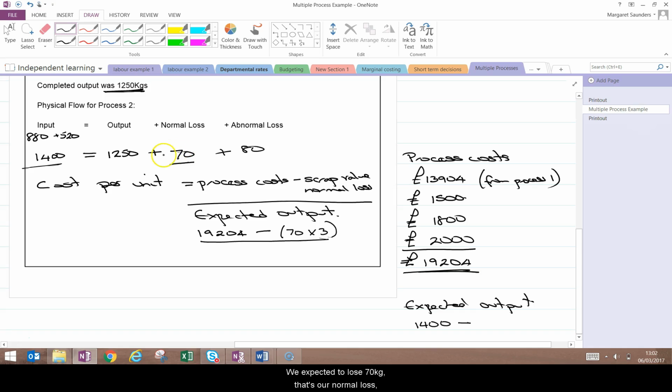That's our normal loss. So we would expect our output to be 1330. And that gives us £14.29 per kilo. So that's our cost per unit.